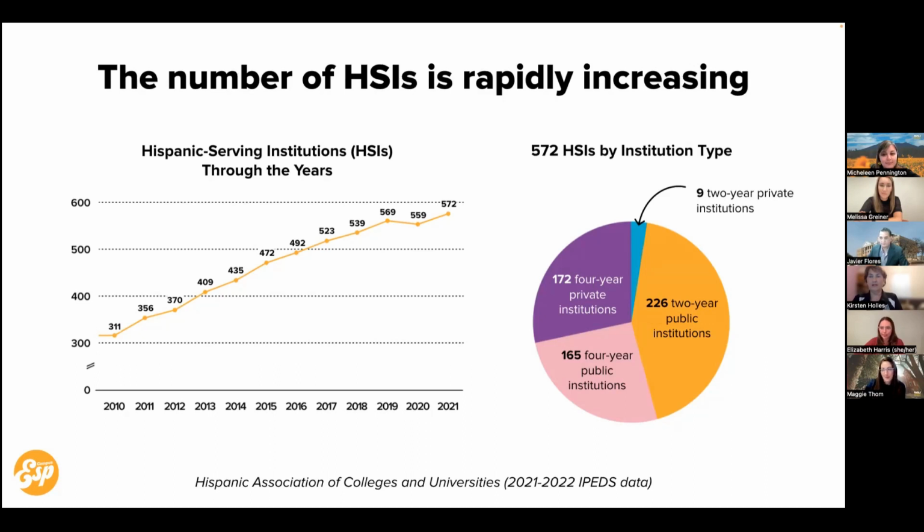Kirsten or Javier, is there anything you'd like to add there about TWU or New Mexico State? I'll just add that as a Hispanic serving institution here at Texas Woman's University, we have received 2 grants.